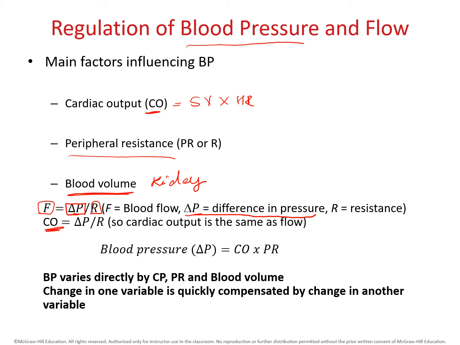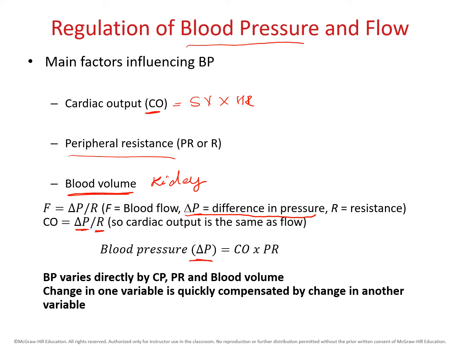Now, the cardiac output is also equal to delta P by resistance. So flow is really about the same as cardiac output, if you see, right? So we talked about how flow and cardiac output are the same because they are both affected by the same factors, and they are both inversely proportional to resistance and directly proportional to pressure.